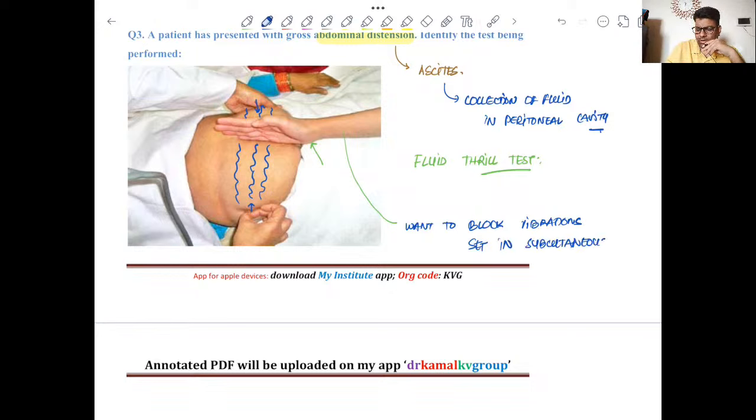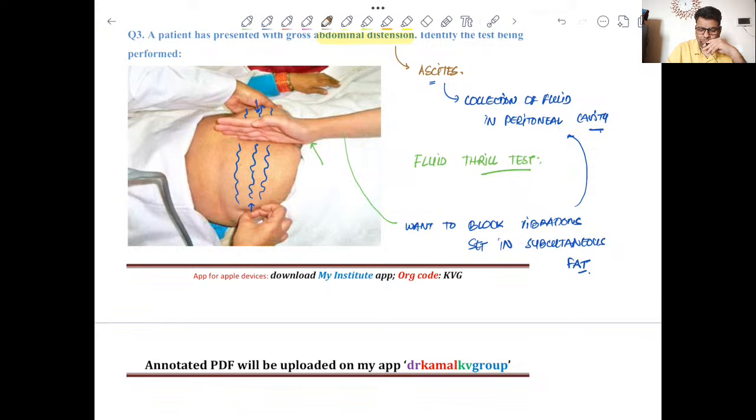If we don't block the vibrations of the subcutaneous fat, it can be mistaken as a vibration of the fluid in the abdominal cavity, and maybe the person is obese and you may label him wrongly as ascites.